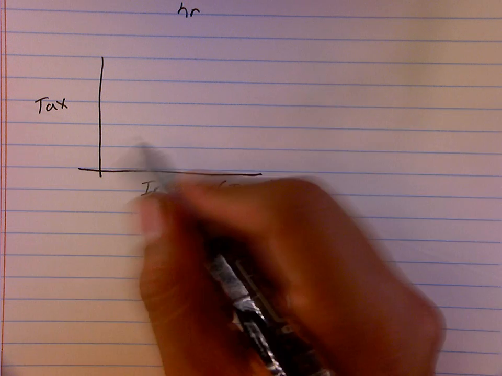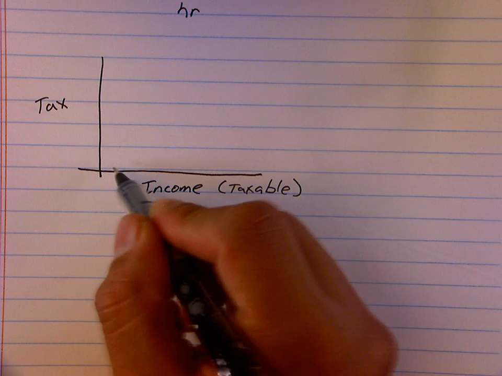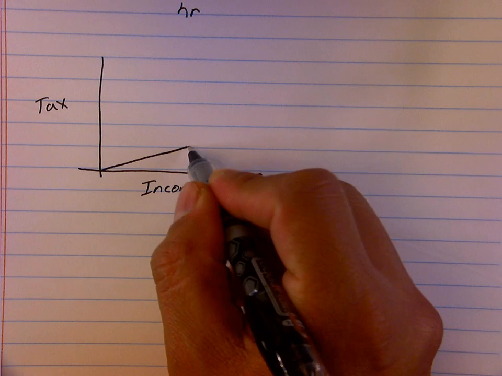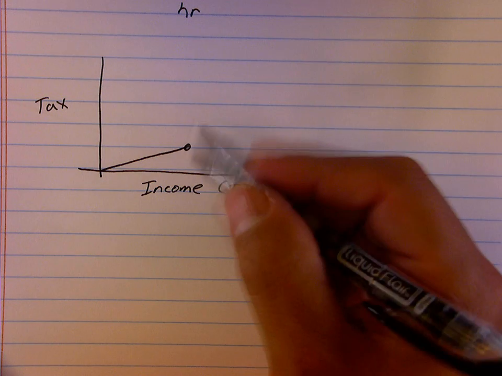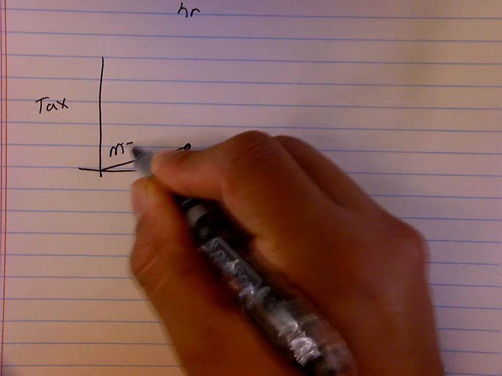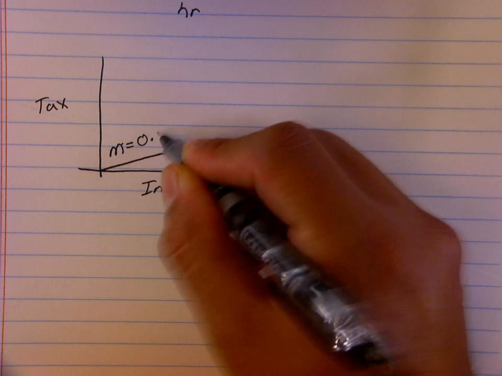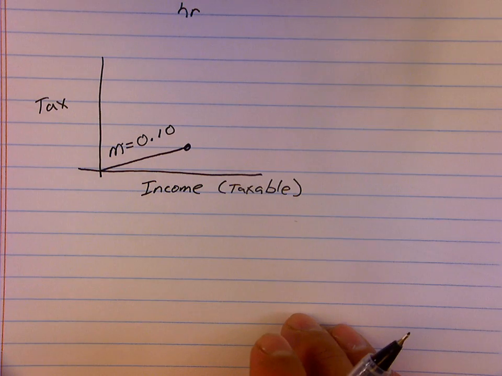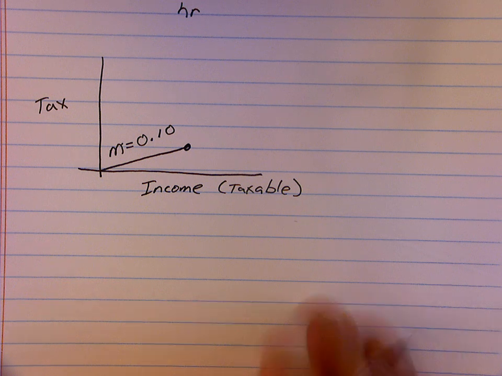But what happens at first is you start off at a very low tax rate, possibly 10 or 15%. For our example, we'll assume a 10% tax rate. So that means our slope would actually be 0.10. Your taxes are going up 10 cents every dollar you make.